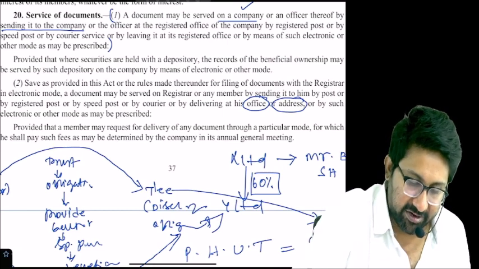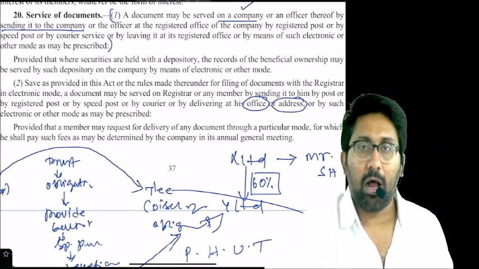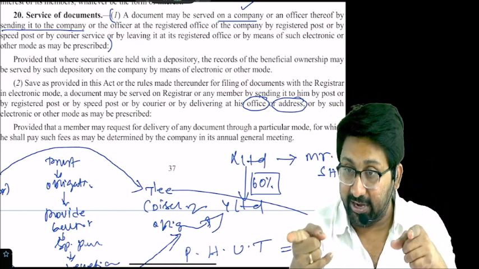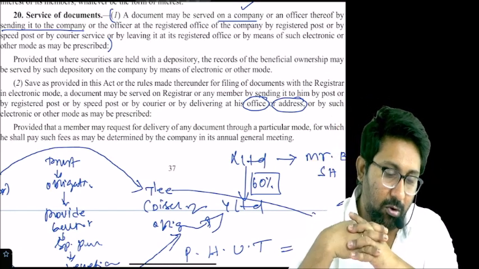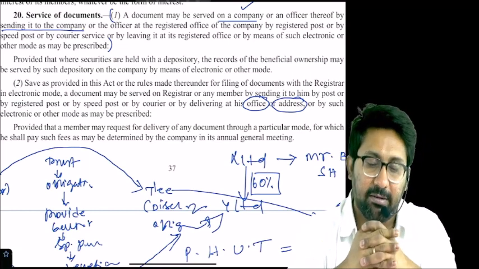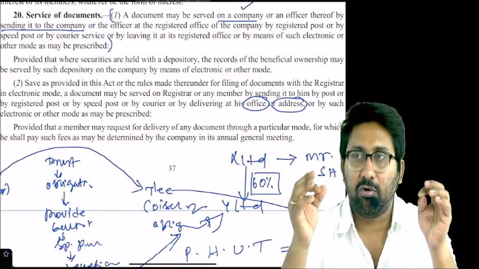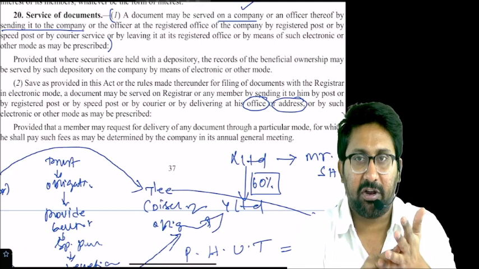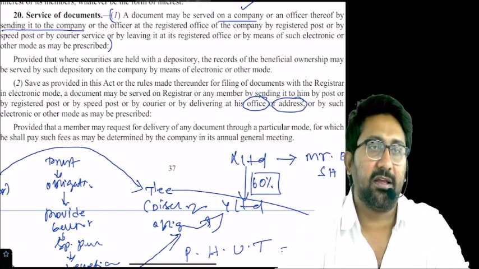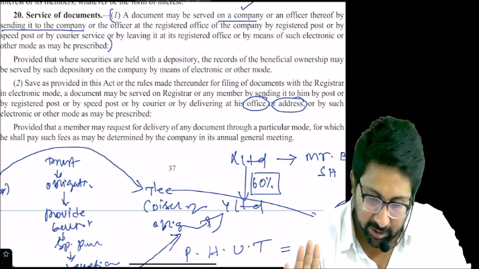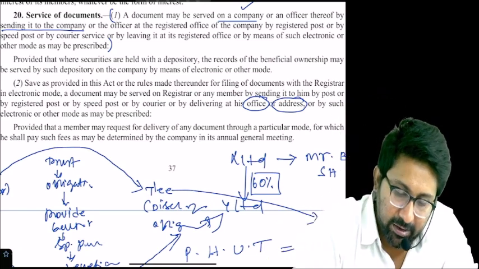Now summarize everything and tell me. The ROC wants to communicate with the company or with an officer of the company. Tell me how he can communicate. What are the modes available? First tell me, send to the address of that person, send to the registered office. Perfect. Okay, what are the modes available?